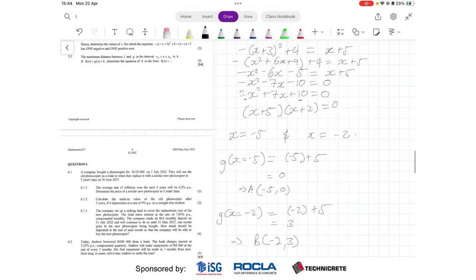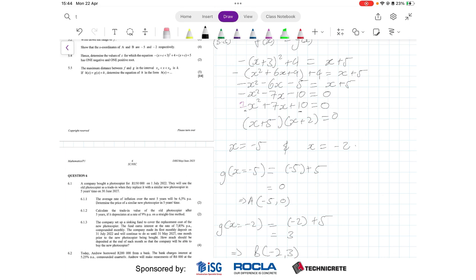Now let's go back to the question. That is the distance between f and g in the interval xa and xb, right? Now, we are told to get the maximum distance. From here, immediately this is telling you that you have to do something about differentiating.